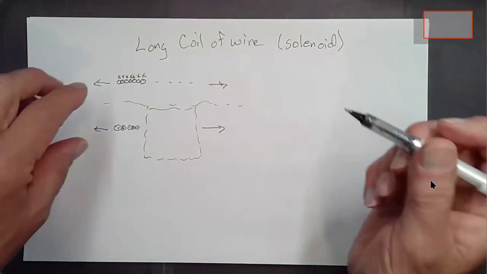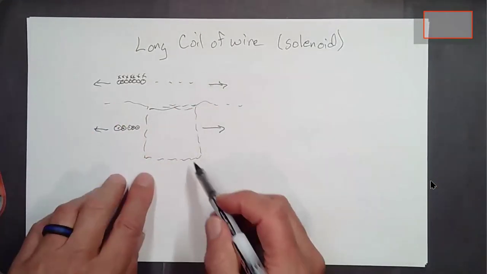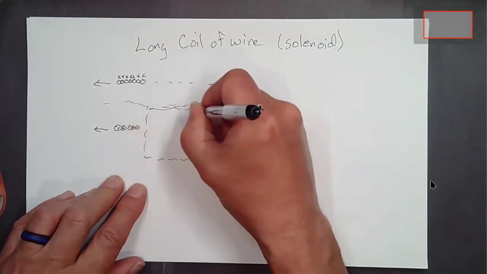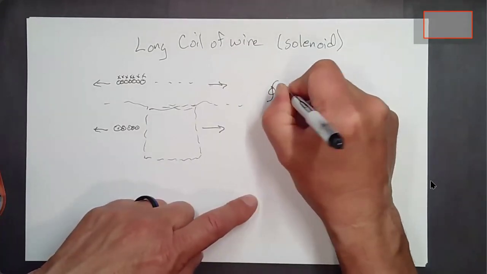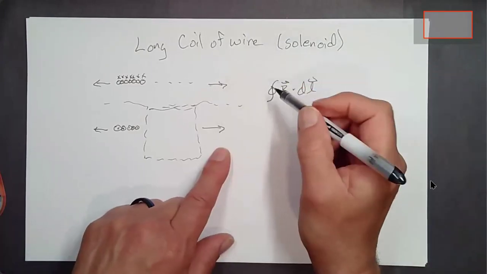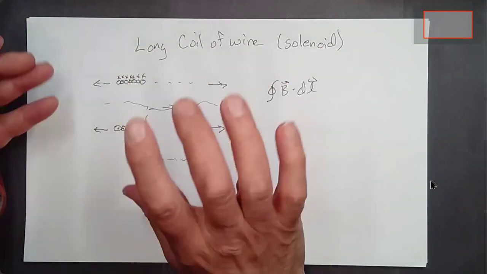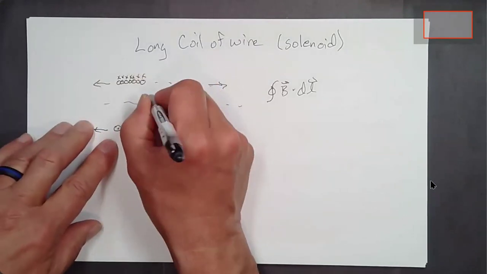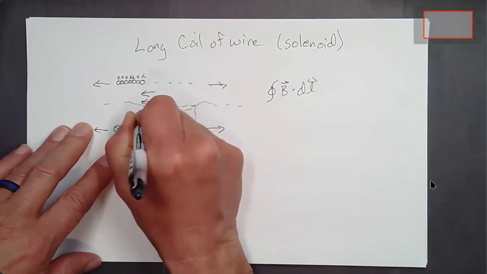Anyway, it's a solenoid. So you make this artificial surface line here. This is going to be our path that we take for the integral of B dot dl. And we're going to integrate that along here. Well, you've got all these loops. They're going to be making a magnetic field that points in this direction inside that thing.